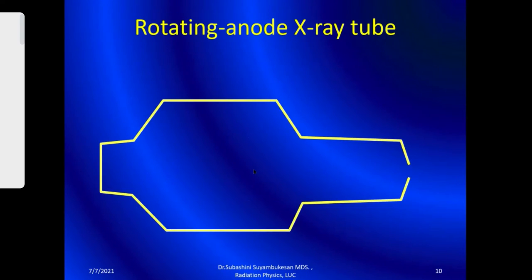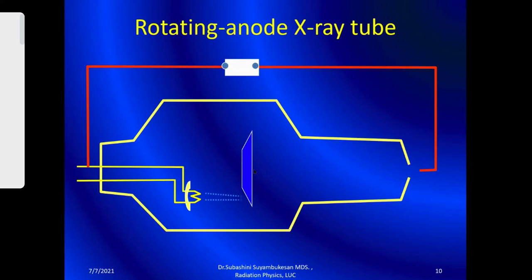Clear? So, why are we using a rotating anode? When the electrons hit a particular target on the anode, frequent striking in that particular area means the X-ray image we get will not be of good quality.